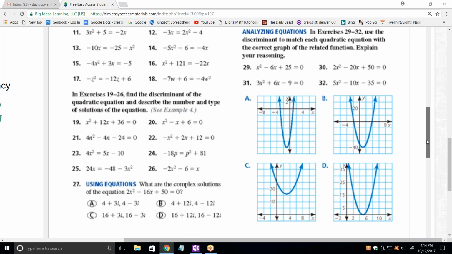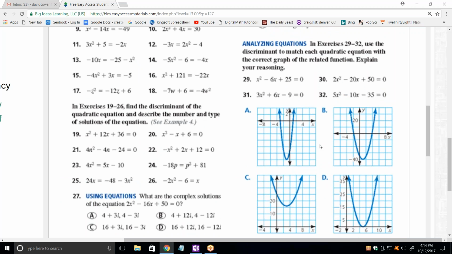Now, one thing that's useful to know is if you have imaginary solutions, there are no x-intercepts. Right. If you have only one solution, in other words, if that discriminant is exactly 0, then you have precisely one intercept.